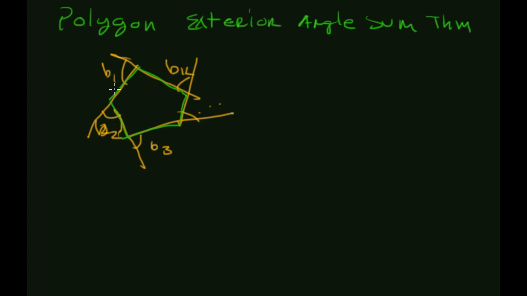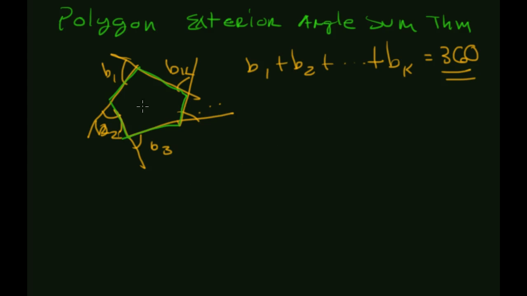No matter how many sides this thing has, if I add up B1 plus B2 out to BK, the theorem says that these are always going to add up to 360 degrees. Always. If it's a triangle, the exterior angles add up to 360. If it's a quadrilateral, 360. Pentagon, 360. Hexagon, 360. Dodecagon, it doesn't matter. You get 360 degrees. Seems like it's a bit much.